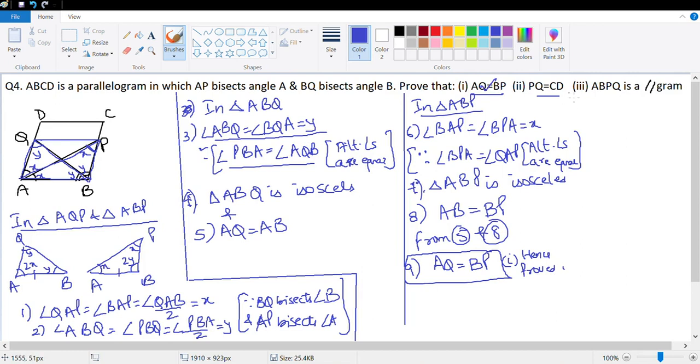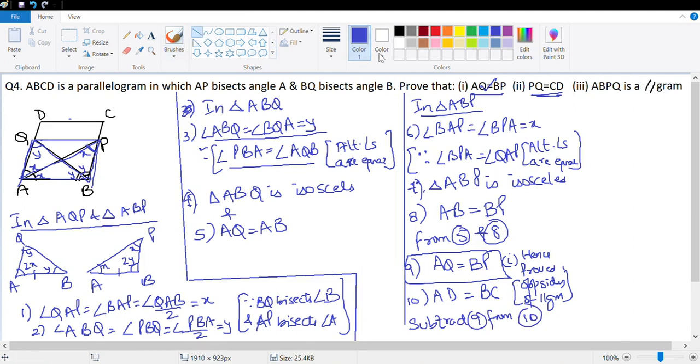Done. This part is done. Let's look at PQ is equal to CD. So can we look at something else? This and this is equal. I need to prove that this is a parallelogram. Let's look at this big line. Number 10, AD is equal to BC, which are opposite sides of a parallelogram. So subtract 9 from 10.